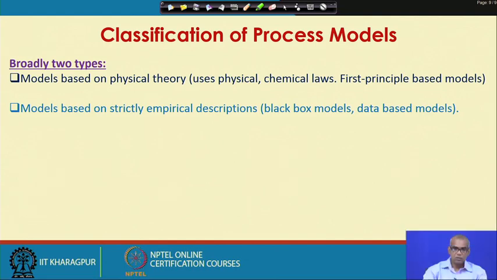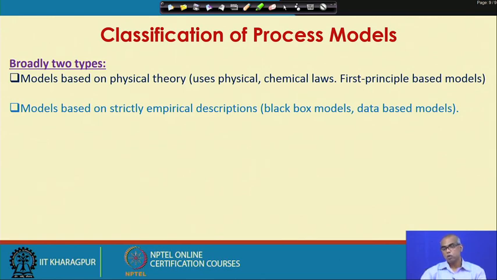Now, let us talk about various classification of process models. Process models are broadly categorized into two types. Models based on physical theory, we call them theoretical models. There we make use of physical and chemical laws.